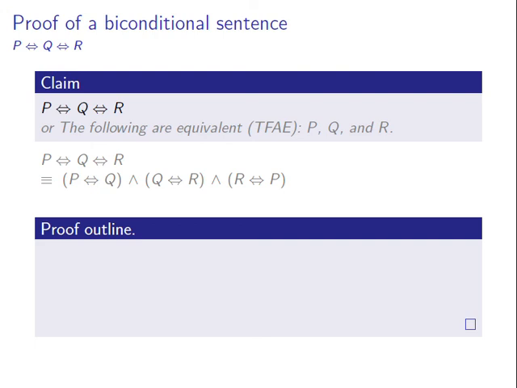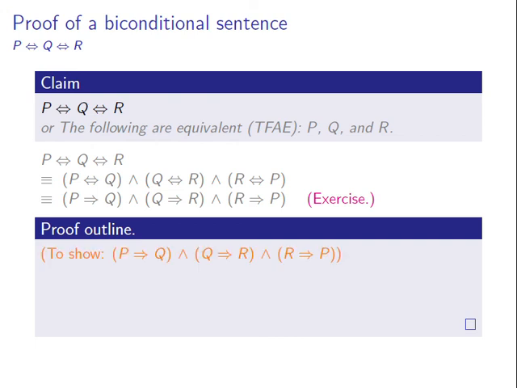That is, this is equivalent to the conjunction of the statements P if and only if Q, Q if and only if R, and R if and only if P. It can be shown that this is equivalent to the conjunction of the conditional sentences P implies Q, Q implies R, and R implies P. The proof of this equivalence is left as an exercise.